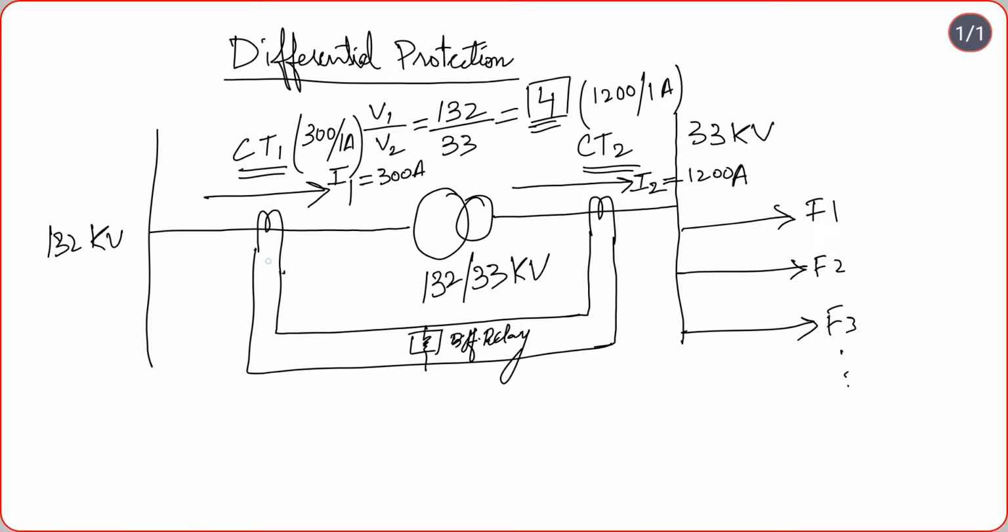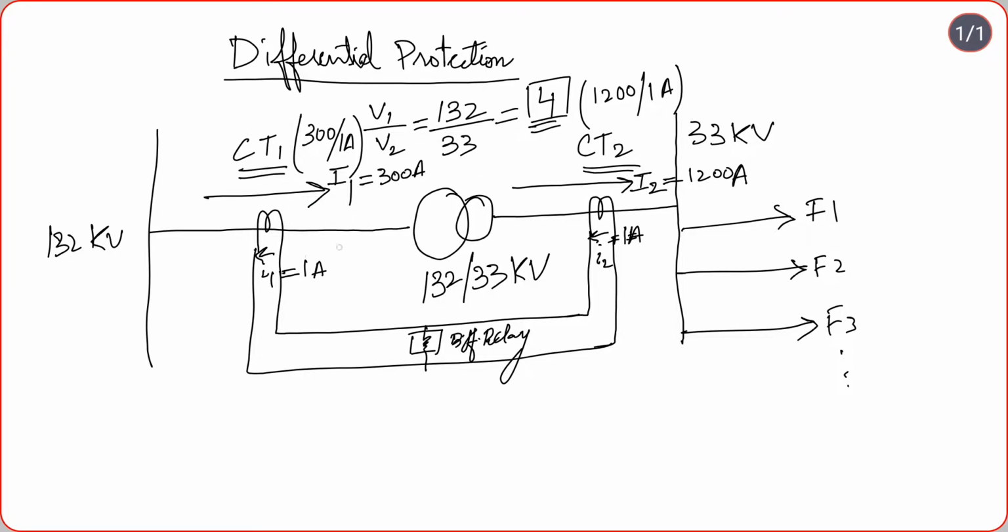Consequently, in the secondary of these two CTs, the current direction, let's denote it by small i1, will be in the opposite direction, and similarly for CT2 the direction will be like this, and let's denote it by i2. They will be equal to 1 ampere. So this is the normal condition, fully loaded.